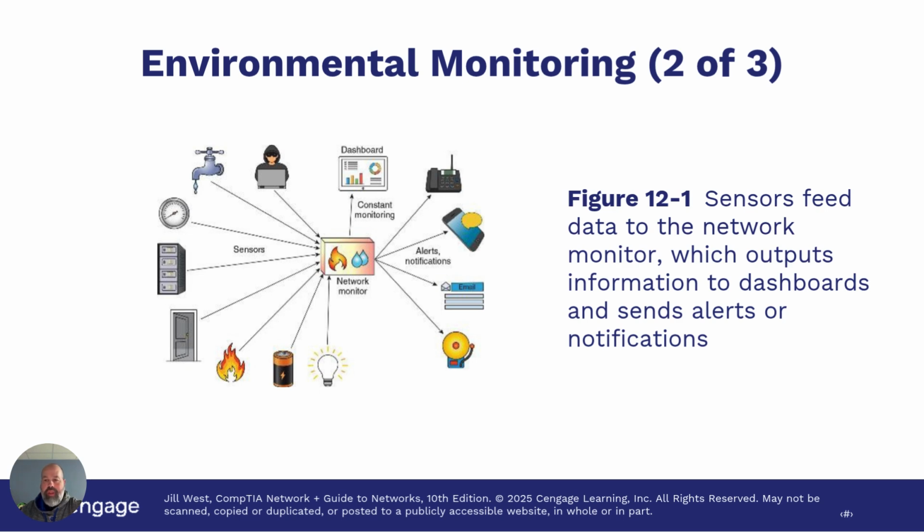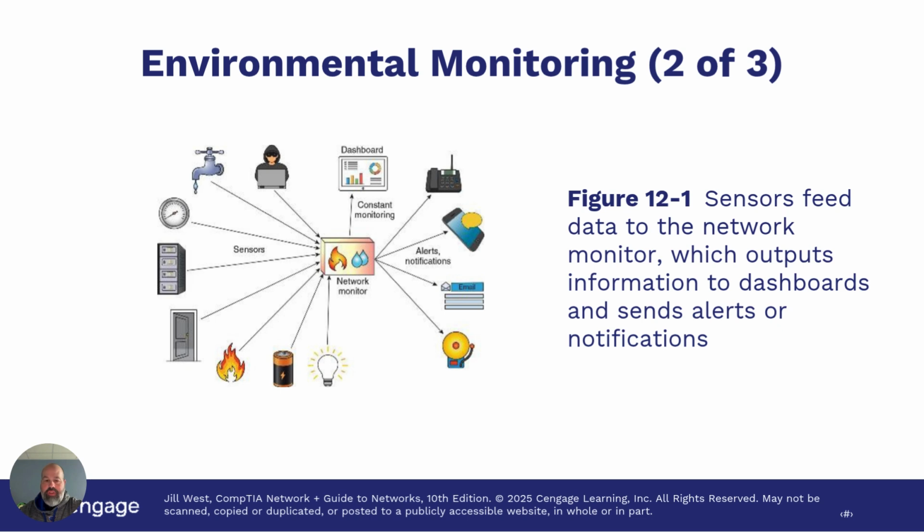So here's a diagram of how it all works together. You've got sensors everywhere. Think of them as kind of the nervous system of your network. They're feeding data to your network monitor, which is like the brain of the operation. The monitor constantly watches everything and sends information to dashboards where you can see it all at a glance.